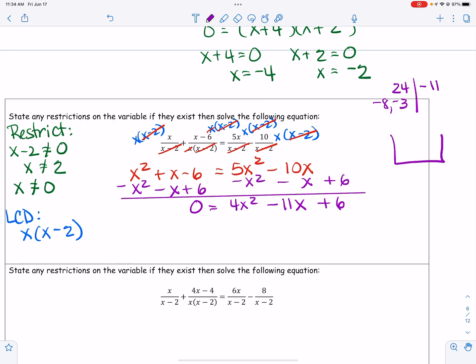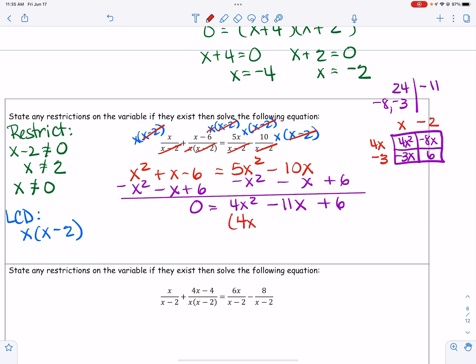So if I did my box, I'm going to have 4x squared, 6, negative 8x, negative 3x. And I'm going to factor out a 4x and a negative 3. And then I'm going to factor out an x and a negative 2.